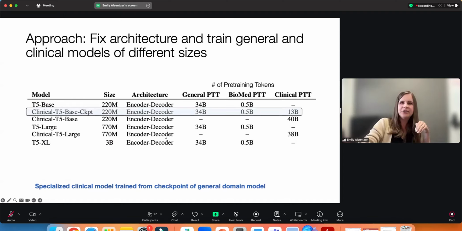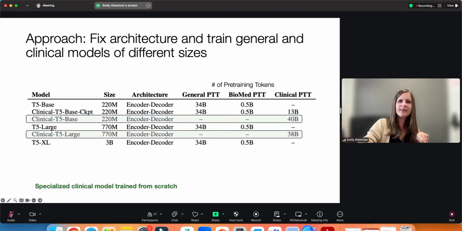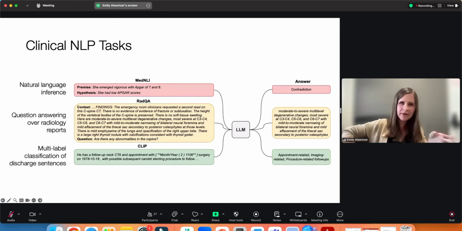We also compared them to a specialized clinical model that's further pre-trained, starting from the general domain model T5 base. And then we also compared to 2 additional specialized clinical models of different sizes that were trained from scratch exclusively on clinical data.